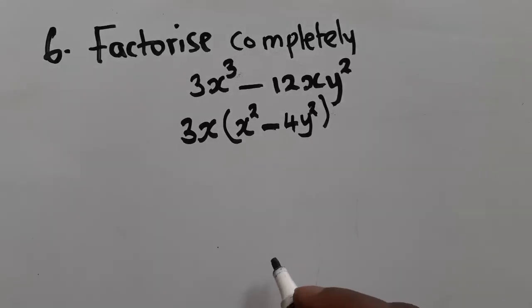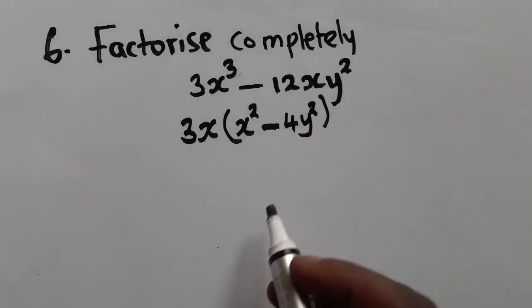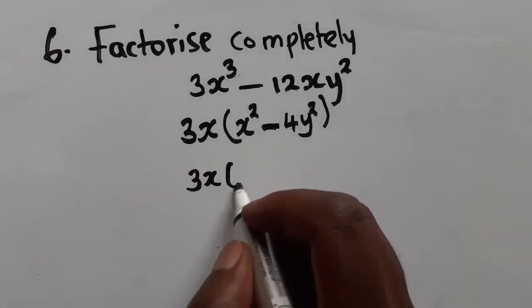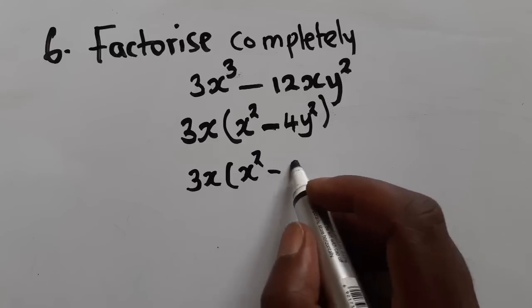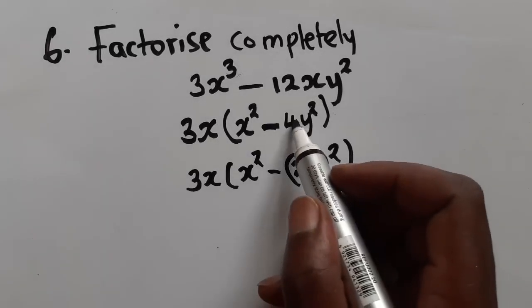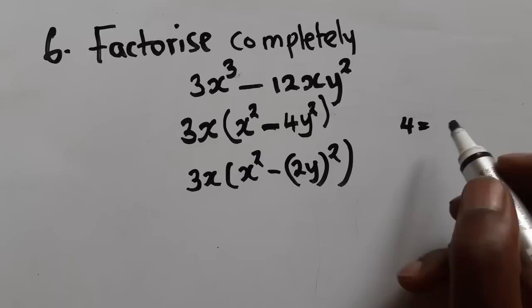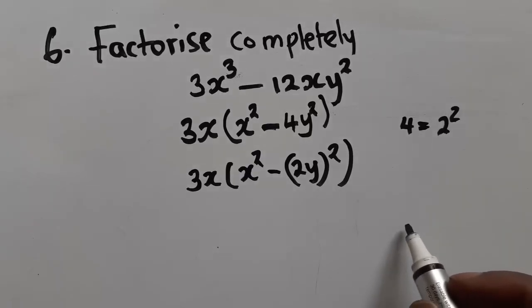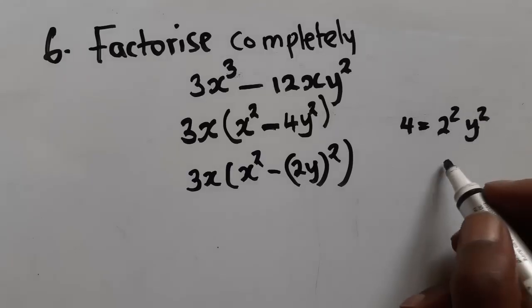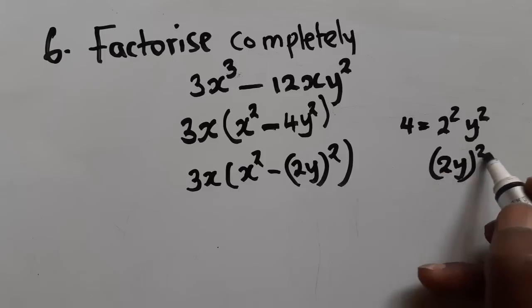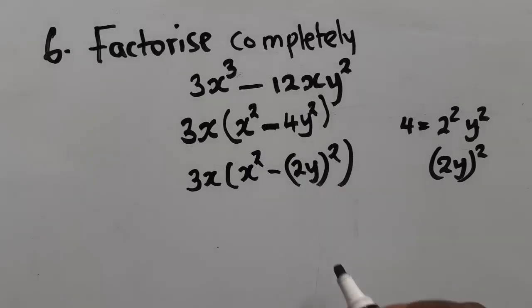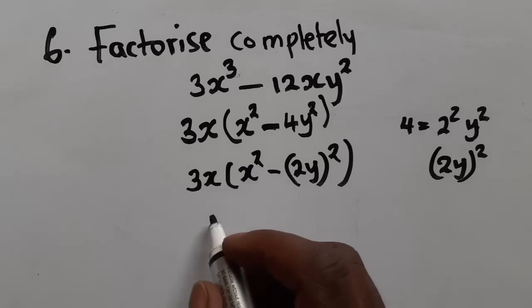All right, so you check what is inside, and when you closely look at it, you'll be able to see that we can factorize this one using a difference of 2 squares. 4 can also be written as 2 squared, then you have y squared. Both of them are squared, so you can put them in brackets and bring the square outside. Now when you check what is in the brackets, we have a difference of 2 squares.